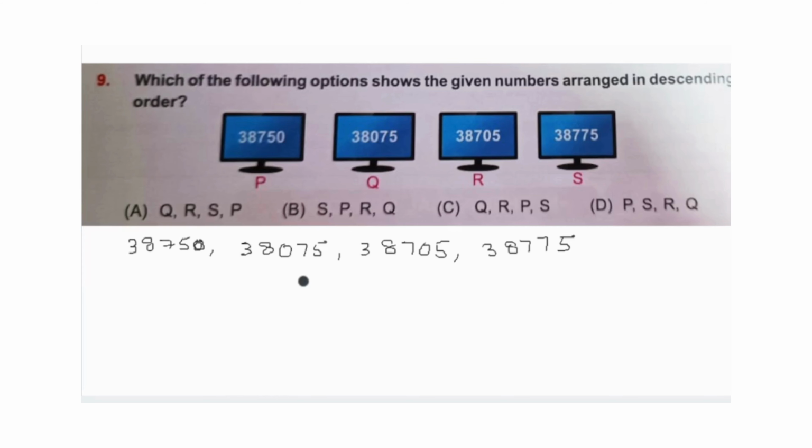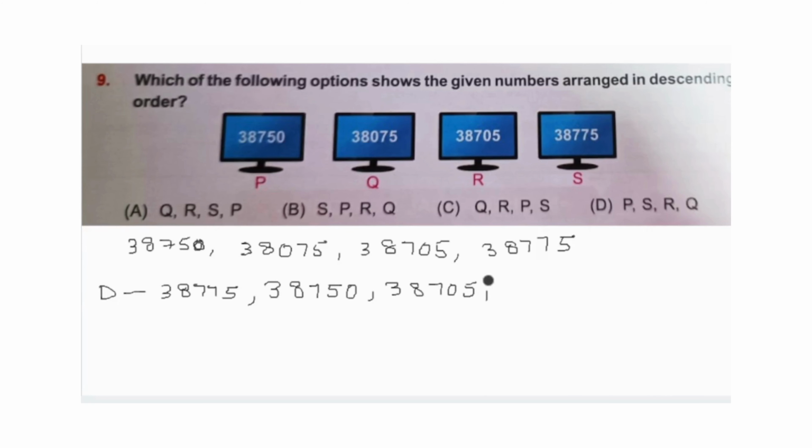Let's write these numbers in descending order. If you see, the bigger number here is S, which is, let's write it in descending order. Here the number is going to be 38775, and then the next number is going to be P, which is 38750, and the next number is going to be the number R, which is 38705.